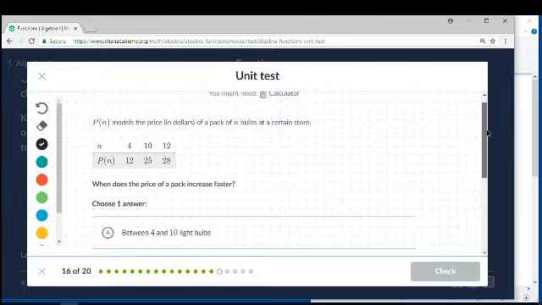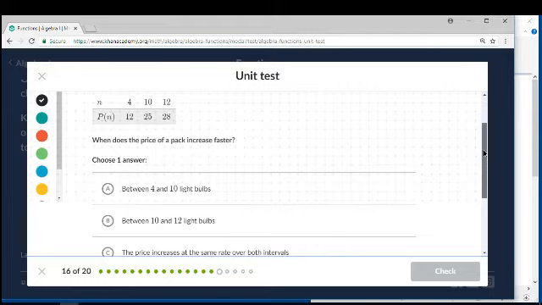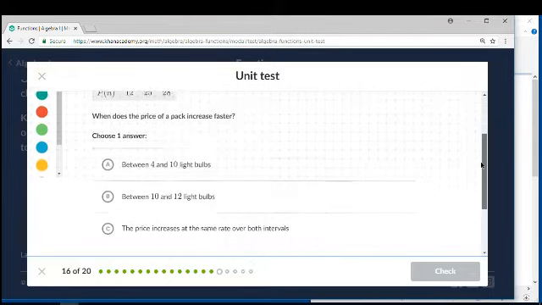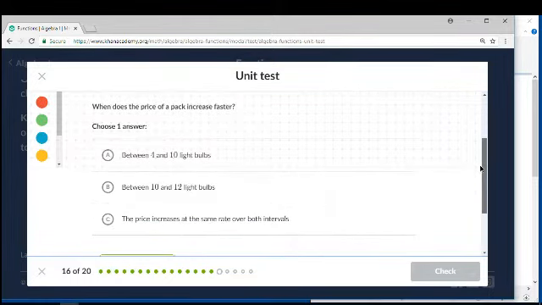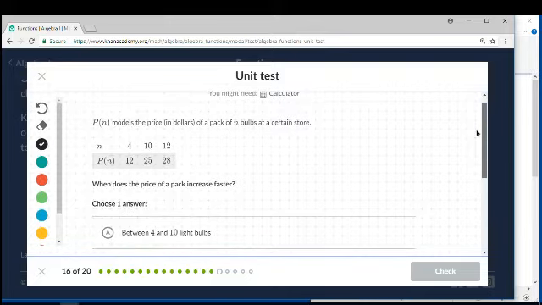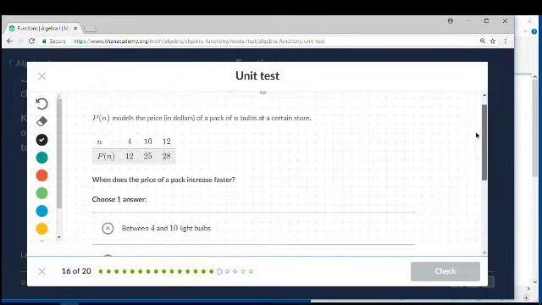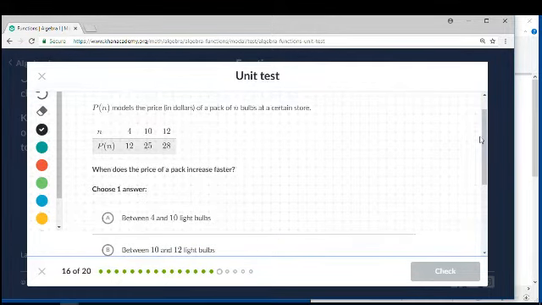P of n models the price in dollars of a pack of n bulbs at a certain store. When does the price of a pack increase faster? 4, 10, 12. And we have 20, 12, 25, 18. Okay, let's analyze this.